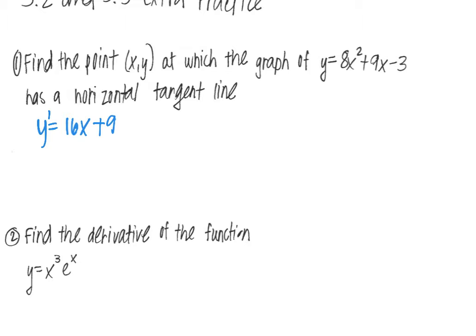But we are given the slope. We're given the slope of 0 because it says it wants us to find a horizontal tangent line, and a horizontal line has a slope of 0. So what we'll do is we'll set 16x plus 9 equal to 0, and we get x equals negative 9 over 16.